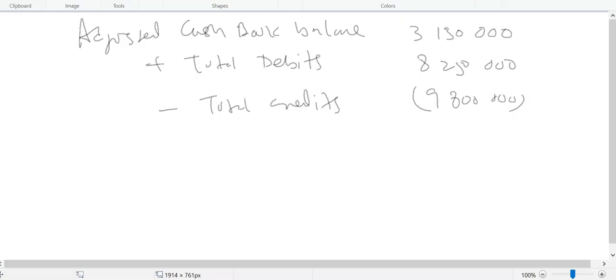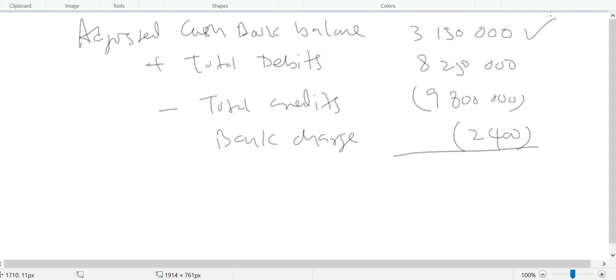2,400 has to be adjusted in the cash book, which is the bank charges. Bank has charged 2,400, so therefore we need to adjust our cash book for that amount. So 3,130,000 plus 8,250,000, then 9,800,000 has to be deducted, and also 2,400 has to be deducted.